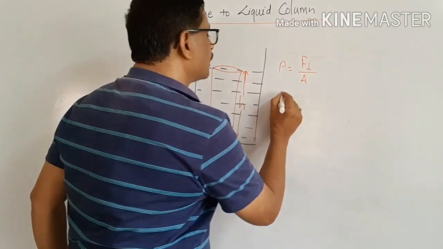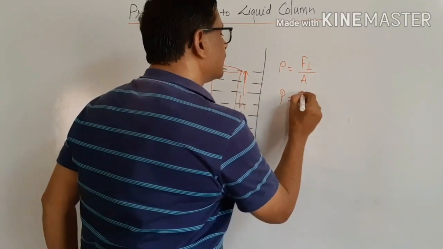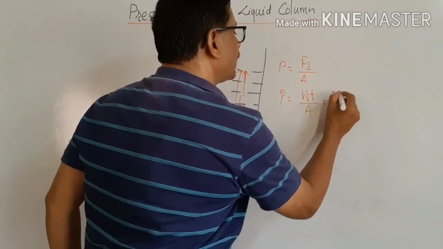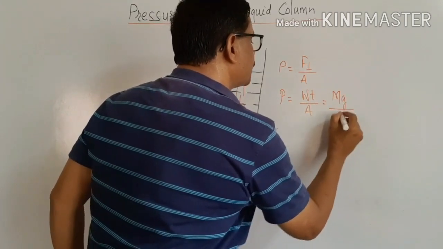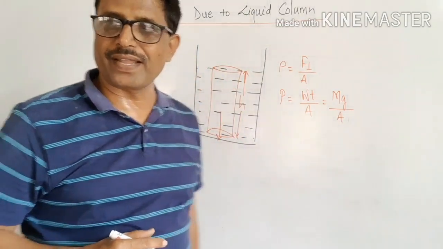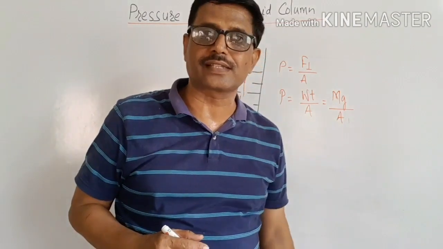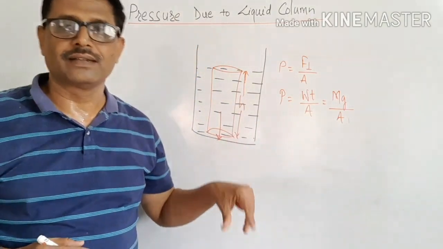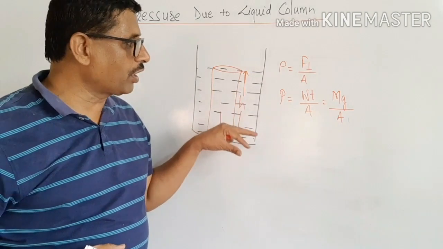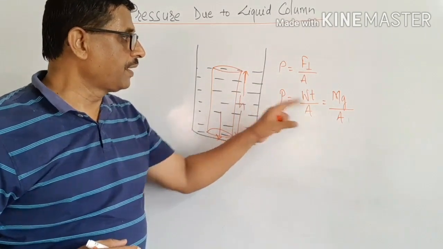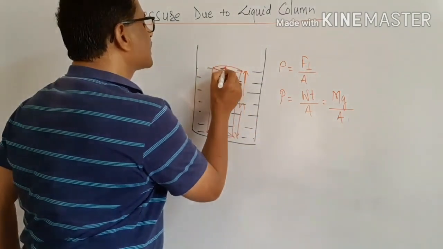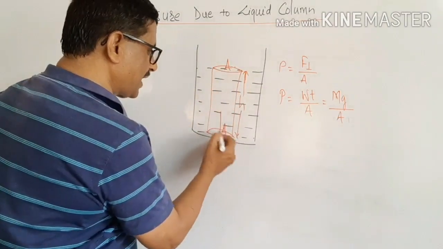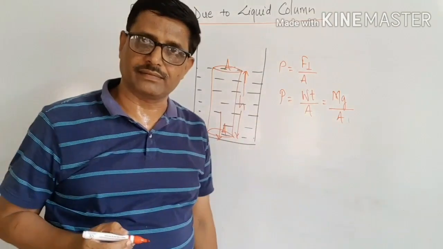Here, the force exerted is the weight of the liquid column divided by area. Weight of the liquid column is M into g, where capital M is the mass of the liquid column, g is the acceleration due to gravity. Therefore, gravitational force, that we call as weight. Weight of the liquid column is Mg, and the cross-sectional surface area of the cylinder is capital A.